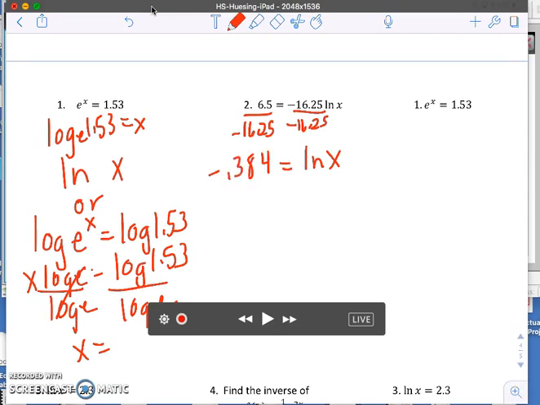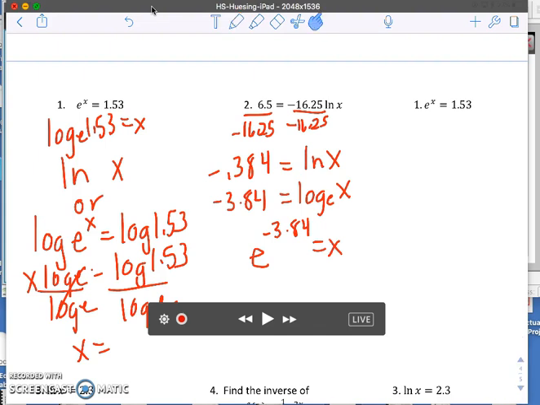And I would write this is really log base e of x, negative 3.84. And if we convert it to an exponential, e to the negative 3.84 equals x. And then you could just type that into your calculator, and I'll leave that up to you.